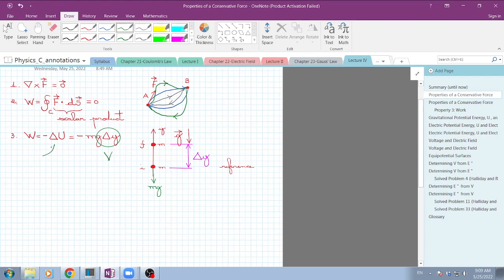This is potential energy. Please do not get confused here, guys. Potential and potential energy are two different things, right?